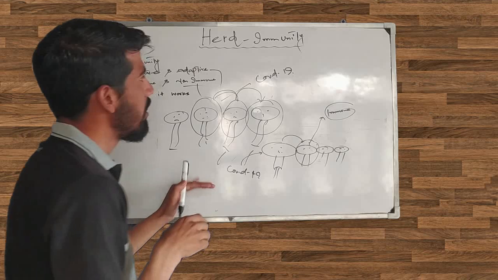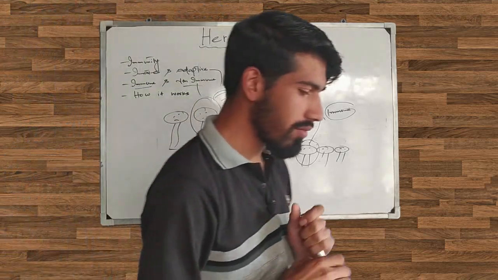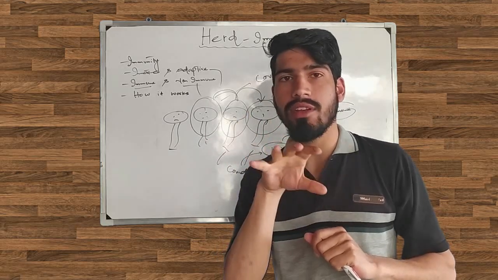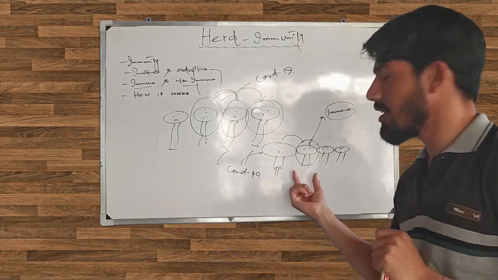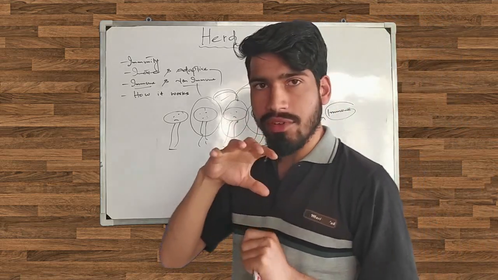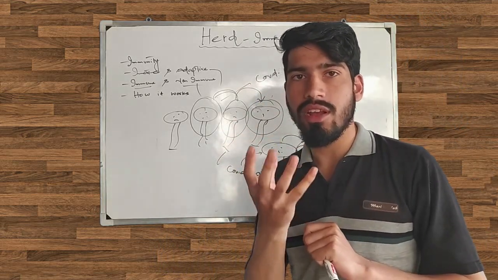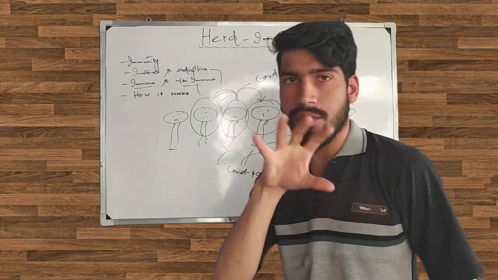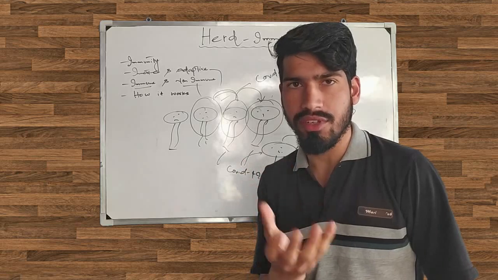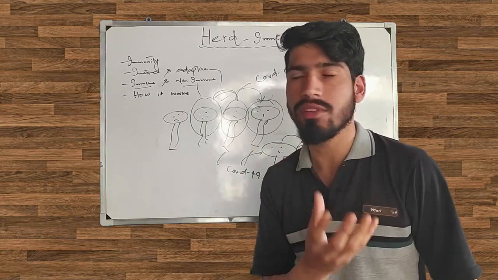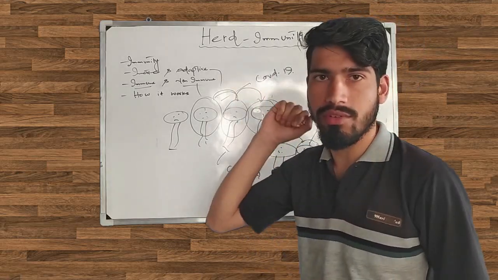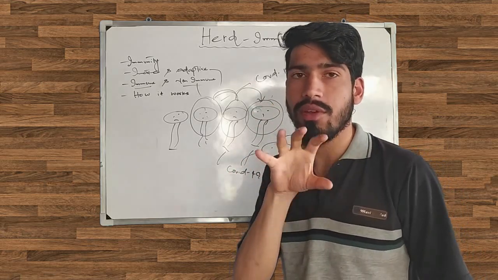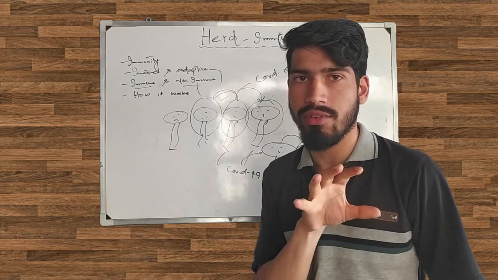So in herd immunity, what happens if the person is immune? As I gave the example here, take 100 persons, and among them 50 persons are immune. The other 50 persons are not immune.